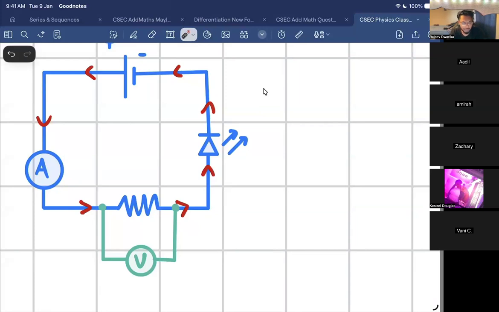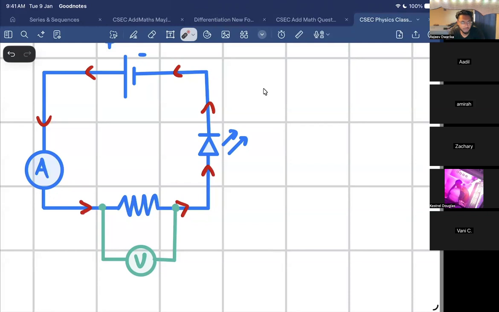Nico, if a circuit has a low resistance, is it restricting the flow of current? No. So would you say 0 ohms is a low resistance or a high resistance? A low. So if something has a low resistance, will it allow current to flow through or block current? Allow it to flow.